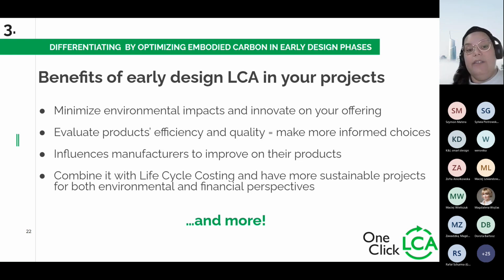Also, it influences manufacturers to improve in their products. One of the great driving factors for manufacturers to improve in their products and focus more on eco-design is that their customers, architects, engineers, builders, they all are looking for greener products.